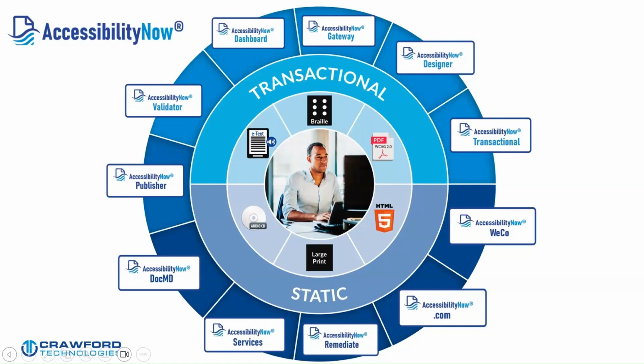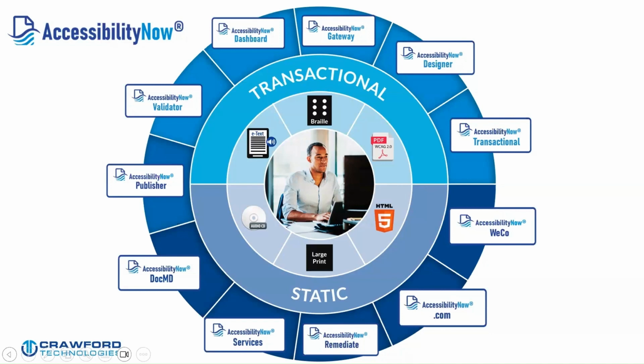And then you have what we call transactional documents or structured documents. Those tend to be things like bills, or high volume customer letters, maybe insurance documents, maybe letters from health providers, that type of thing. So essentially these are structured content.